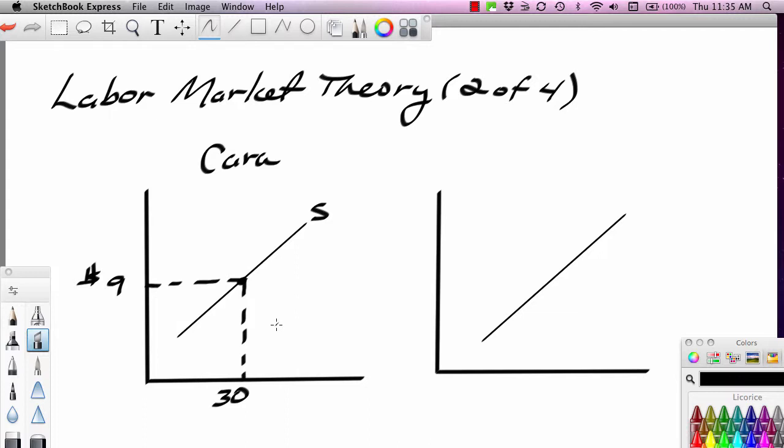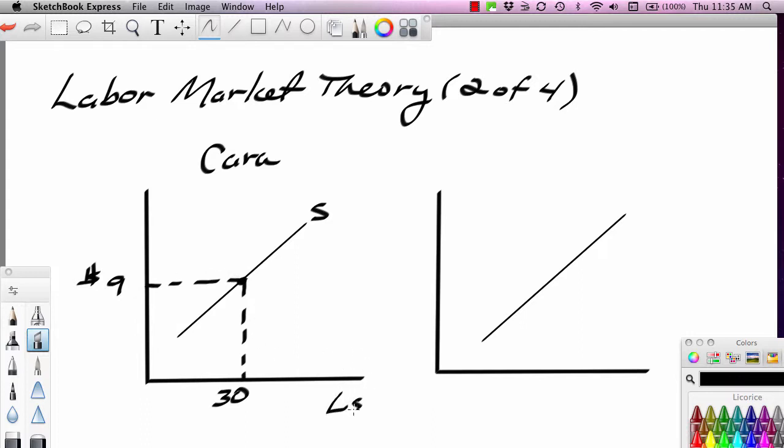So at $9 an hour, she's willing to work 30 hours a week. That's a little bit more than part-time and not quite full-time, and she splits her time between school, work, and other leisure activities.